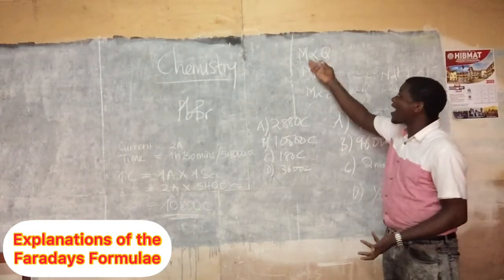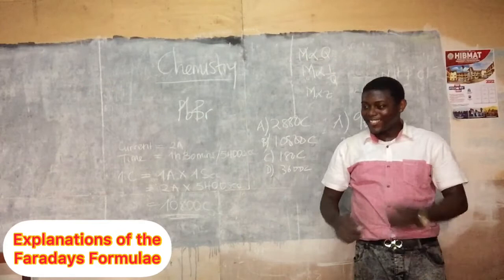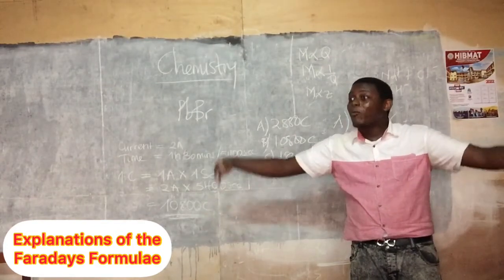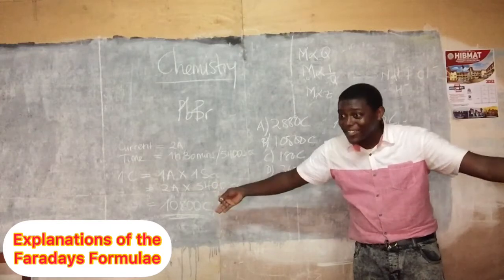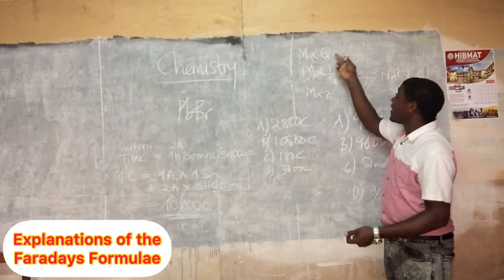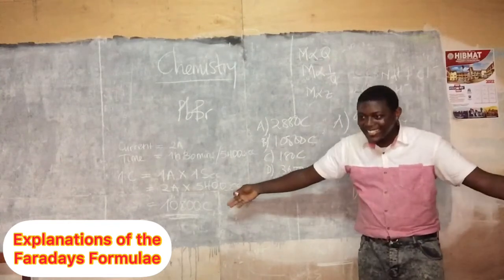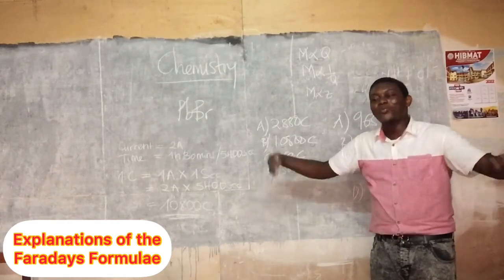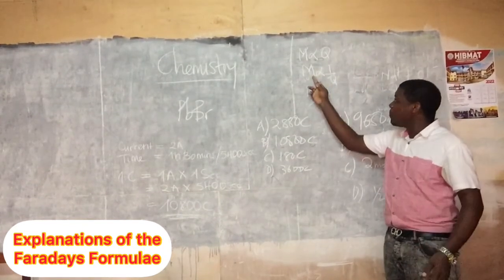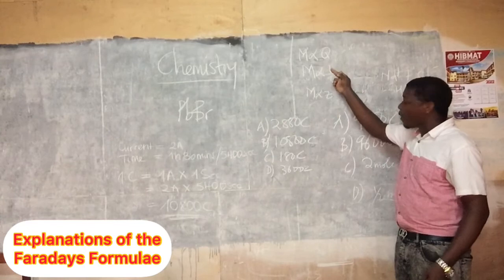It means if the mass of two elements is large, the quantity of electricity will also be large. If the quantity of electricity is large, the mass between the two elements is also large. Now for the second law, this sign with 1 over, what does it mean?